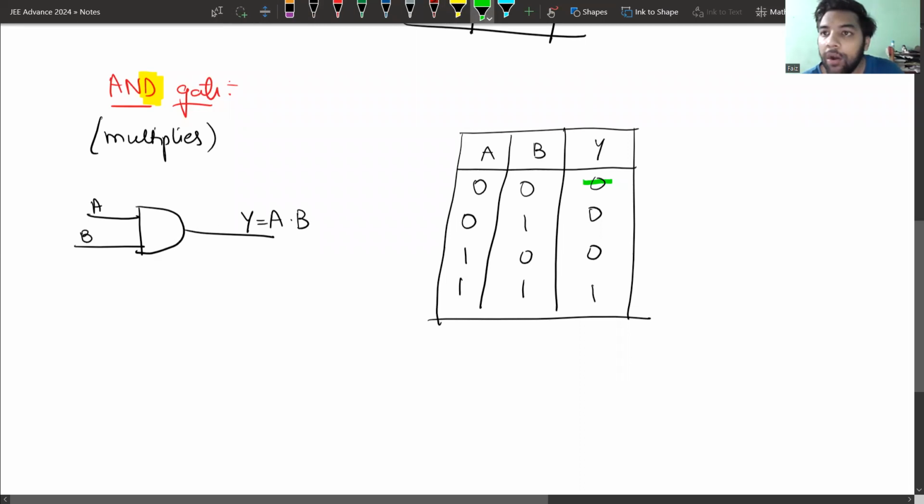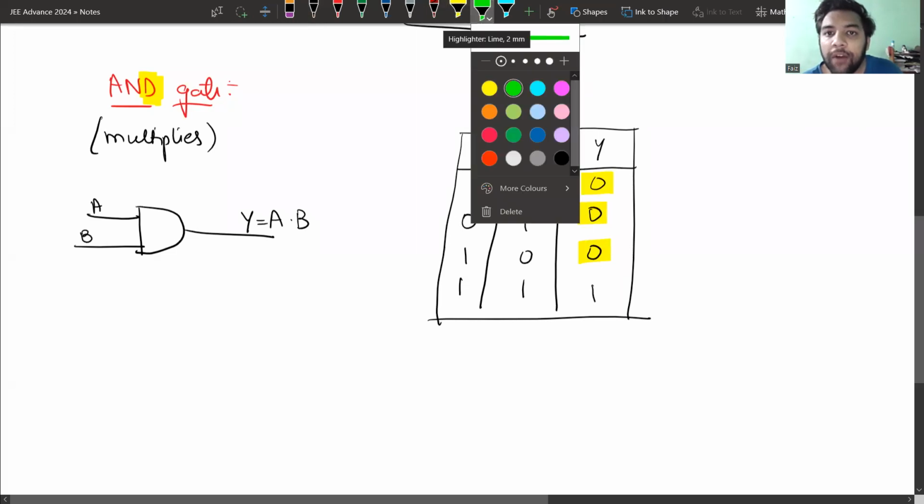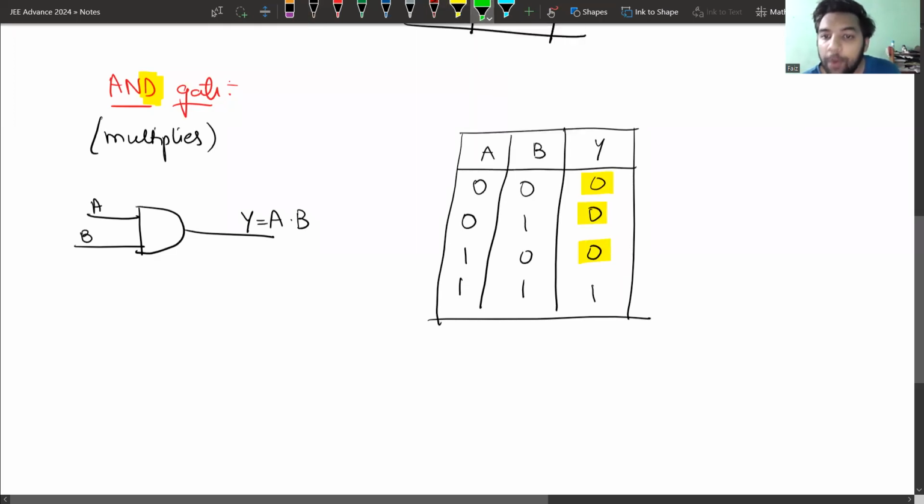And the other important thing is, as you can see, all the output values are zeros, except for one output value, which is 1. So we say this one is a unique value. So if I ask what is the input for the unique value of AND gate, the inputs are 1 and 1.